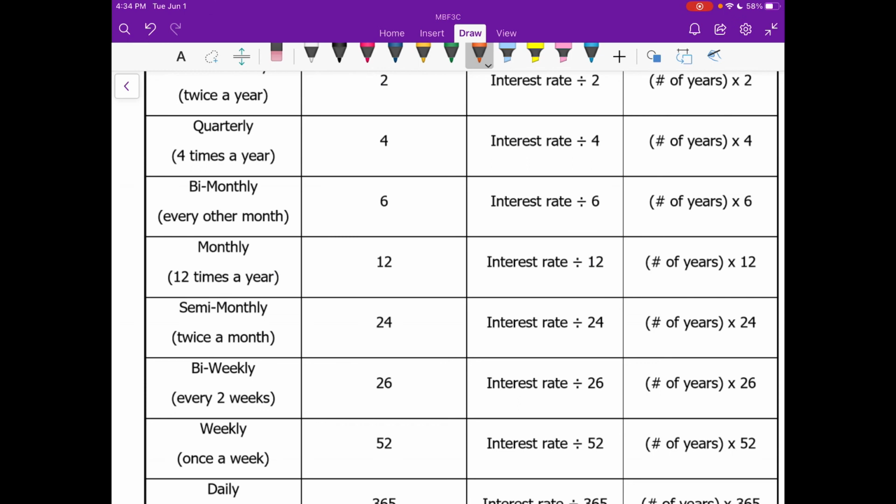At the end of each quarter, you reinvest whatever you were investing in, so in the year, you reinvest 4 times. So the interest rate is going to be divided by 4, because that interest rate needs to be split amongst those 4 compounding periods. And then n is going to be 4 times the number of years, because you pulled it out 4 times and reinvested it 4 times. Okay.